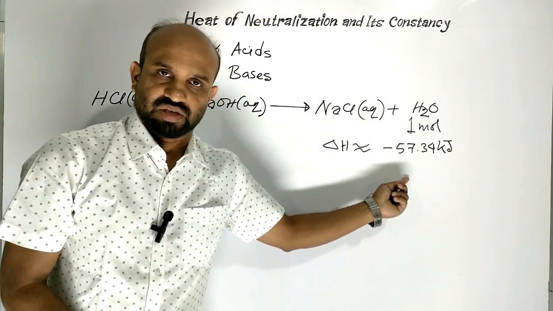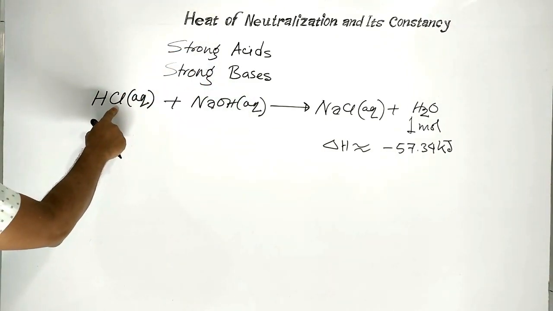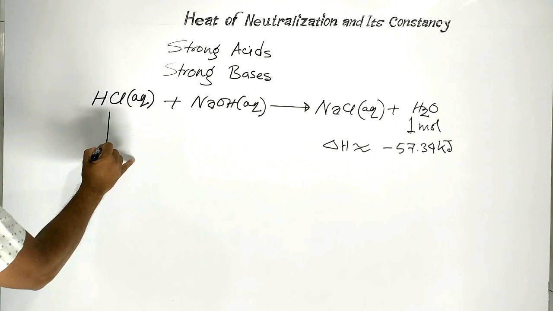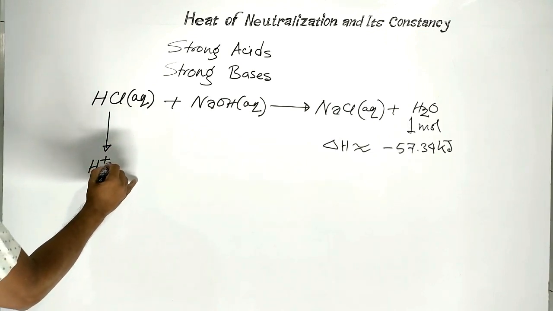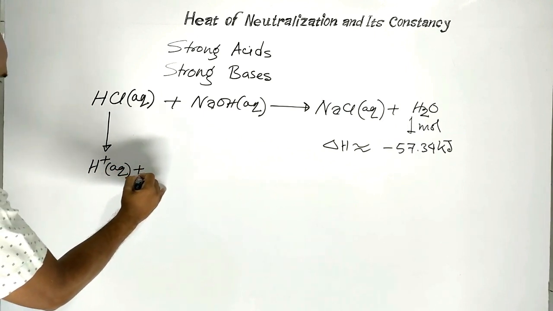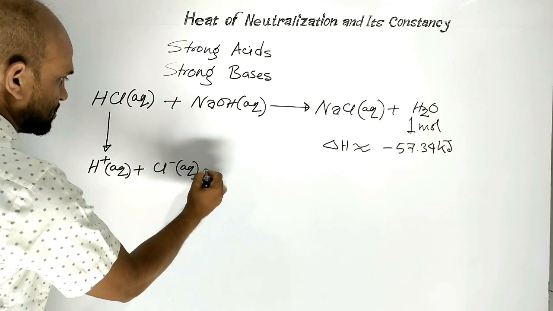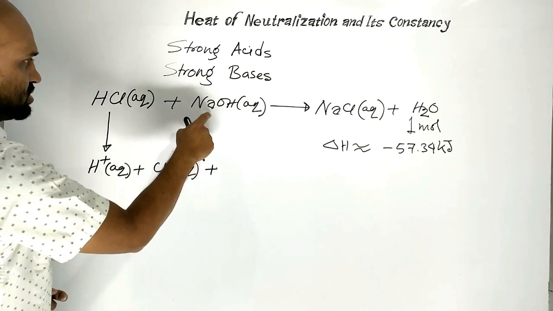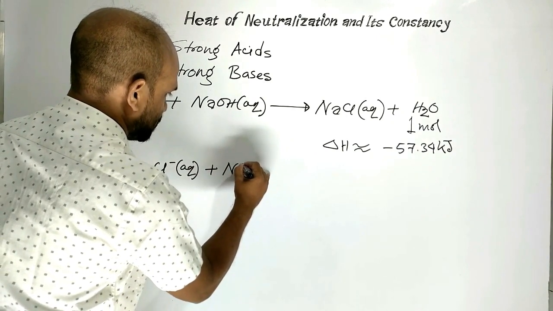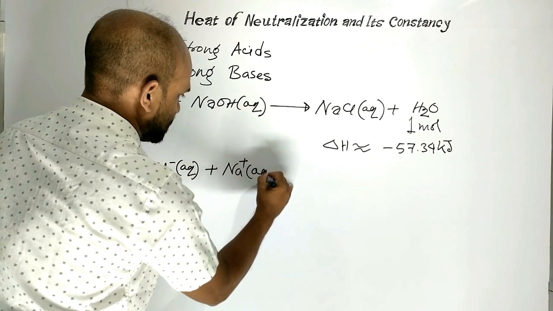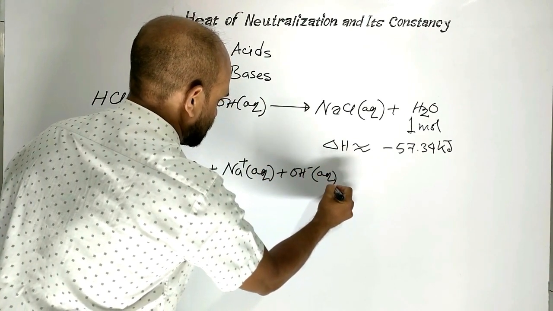What is the source of this heat? Let us have a look. Actually, this acid ionizes 100% to form proton and chloride ion, and sodium hydroxide ionizes 100% to form sodium ion and hydroxide ion.